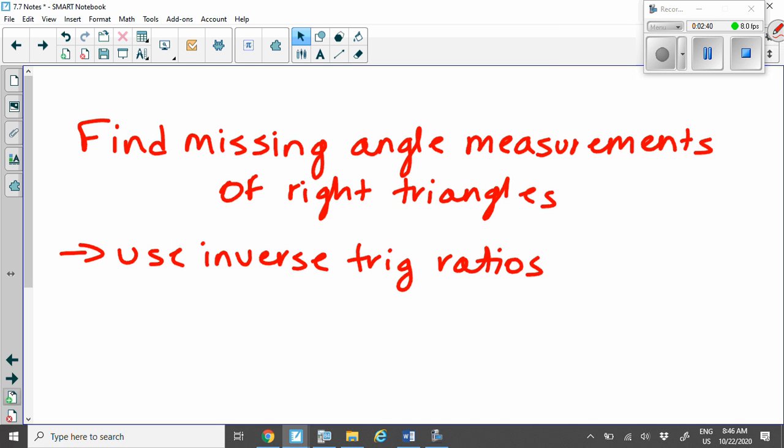So what does this look like? Well, let's talk about all the trig ratios we talked about, right?